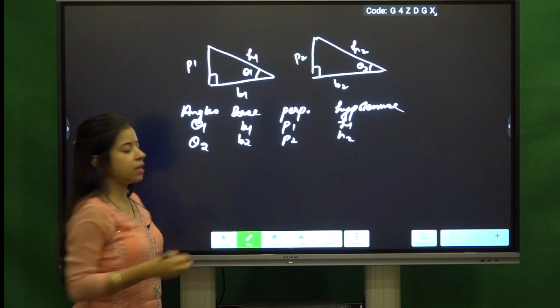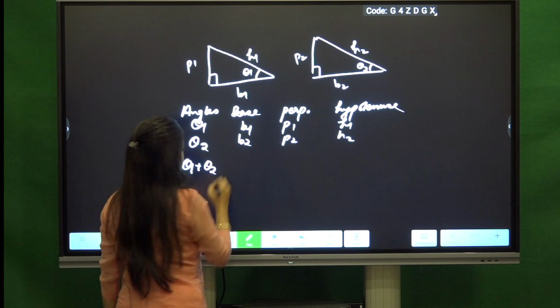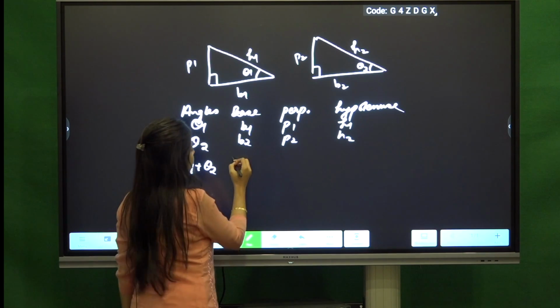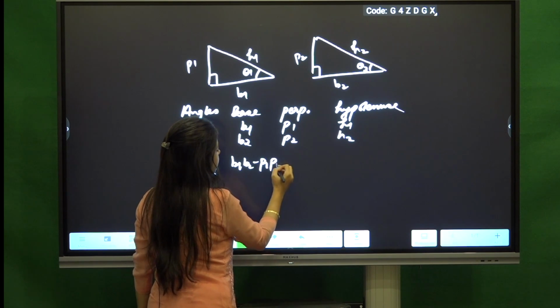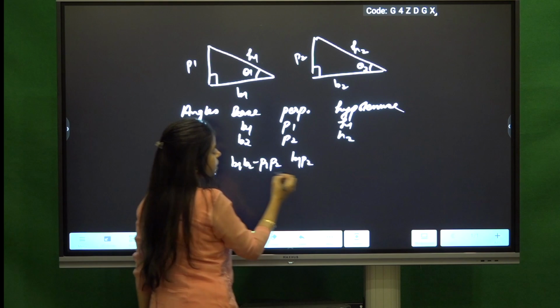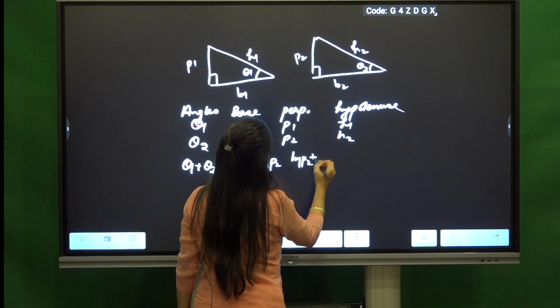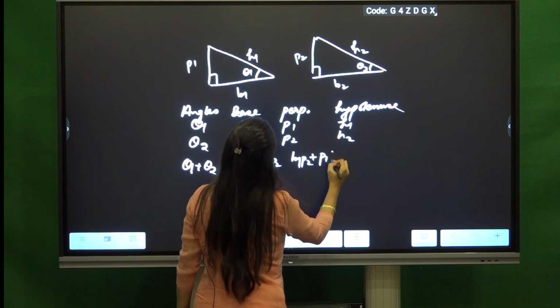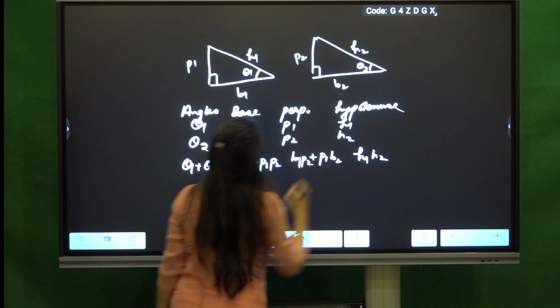For calculating theta 1 plus theta 2, we have B1 B2 minus P1 P2, then B1 P2 plus P1 B2 crosswise, and just the product of the hypotenuse.